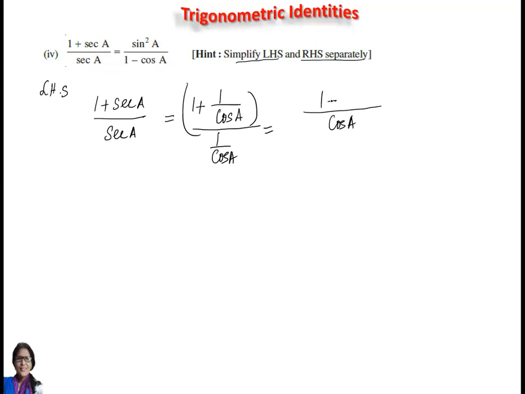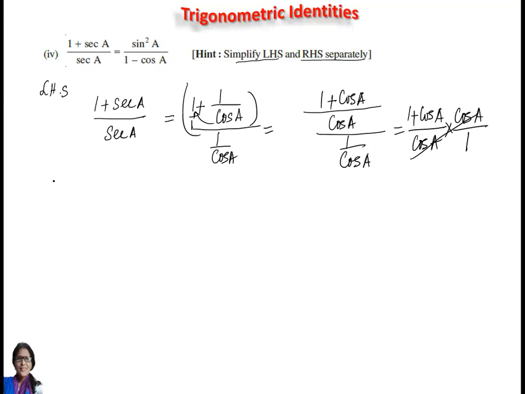So this will be 1 plus cos A, 1 will be multiplied here, upon 1 by cos A. So this will be how much? 1 plus cos A by cos A multiplies cos A into 1. So this cos A will be cancelled. It is 1 plus cos A. LHS.